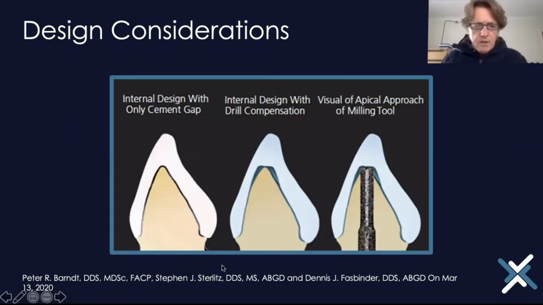Now, in a case like this, we talk about an overmill in this area, and that will be a weak point where the crown will fracture. So the ideal prep in this instance would be rather to have a shorter axial height, but to have a wider space over there. That will give you a better fit on your crown.